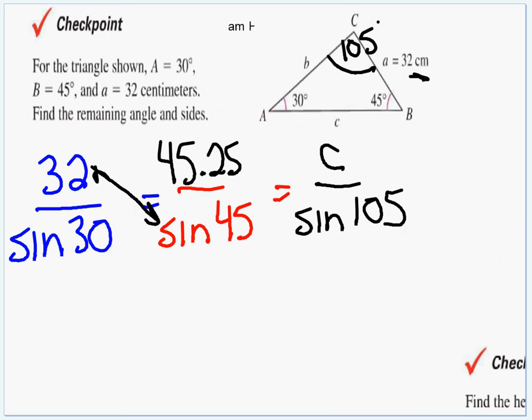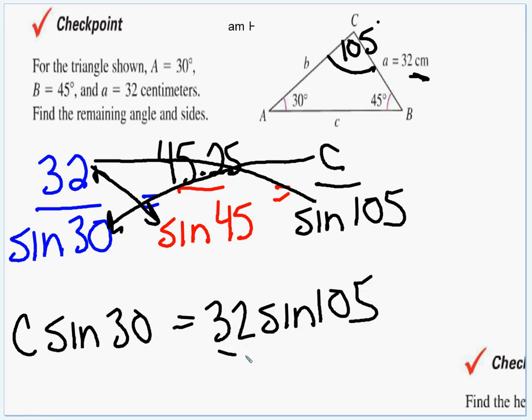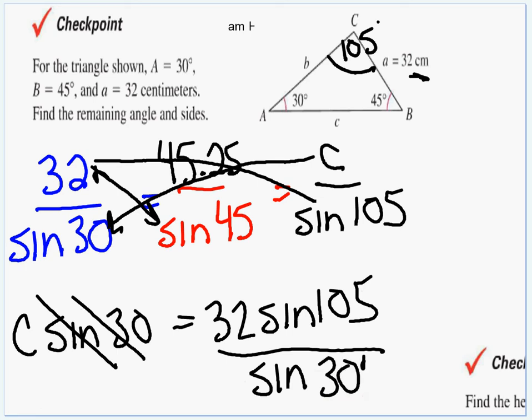So what I'm going to do is cross multiply C times the sine of 30 is equal to 32 times the sine of 105. And of course, to get C alone, we're going to divide by the sine of 30.